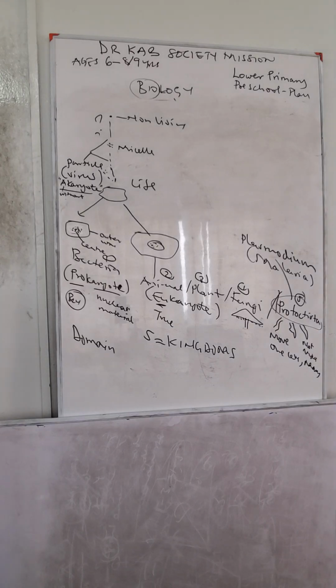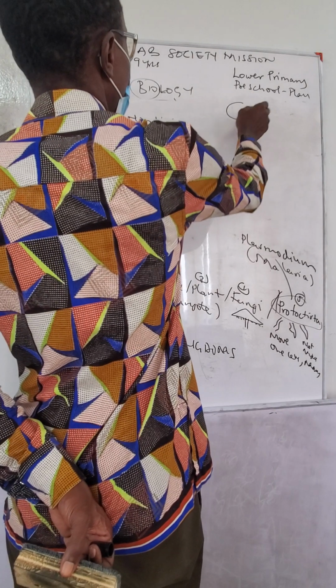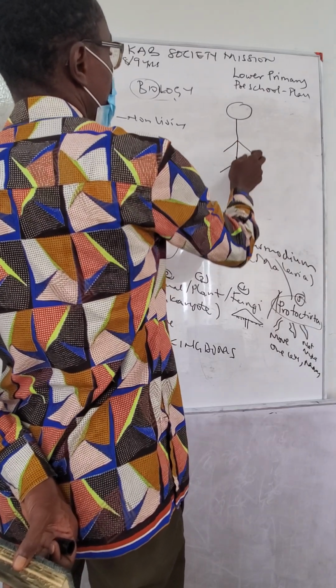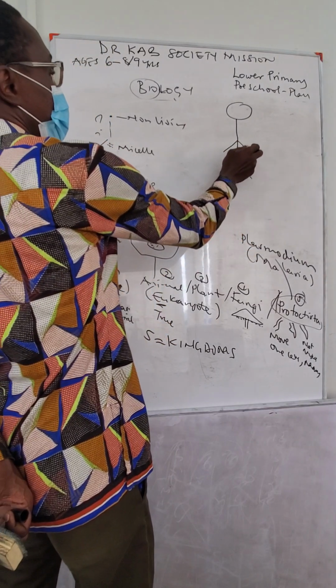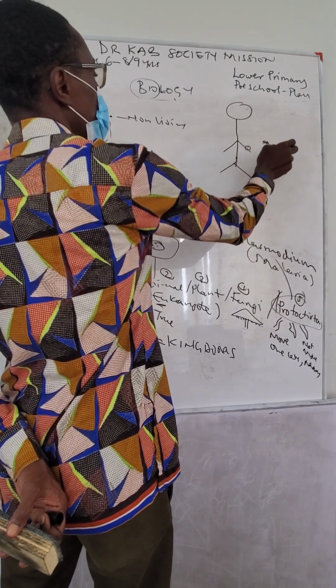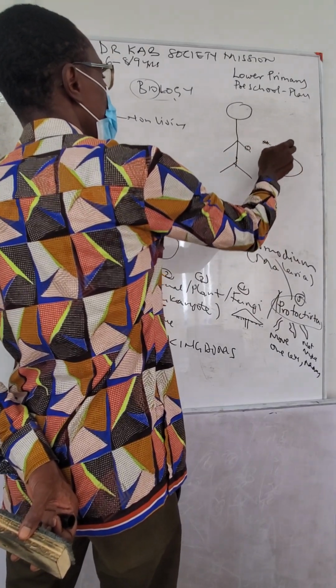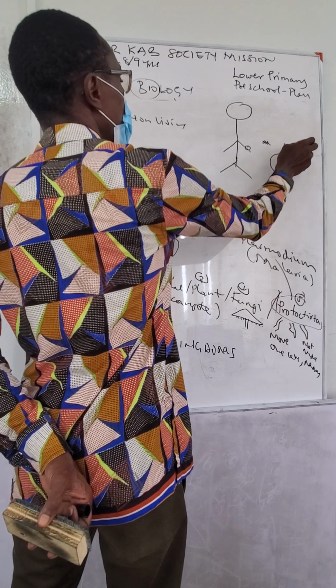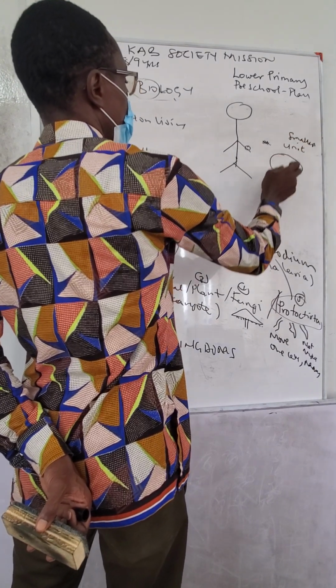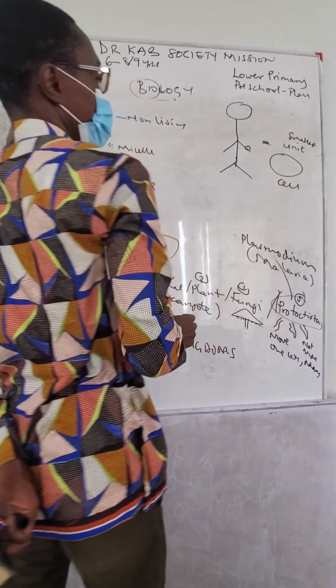Now all these living things, let's say this is us, our body, our legs. If we take a small portion of our hand and cut it into pieces, we get a very small unit, the smallest unit, and we call it cell.